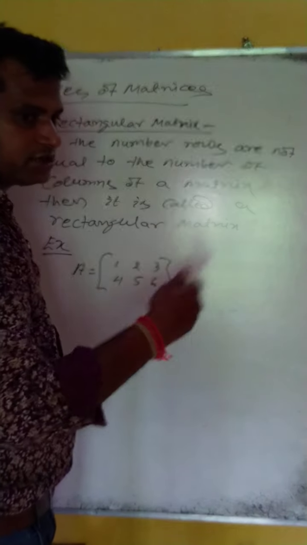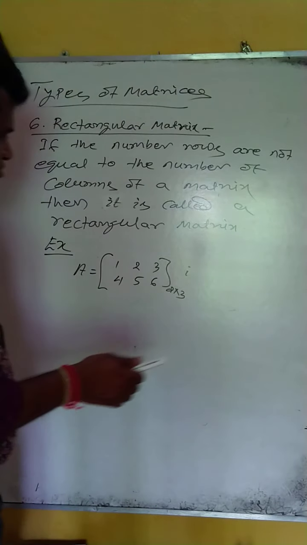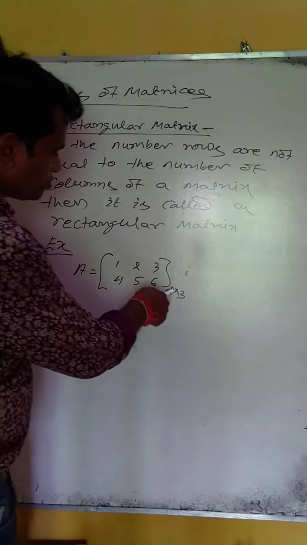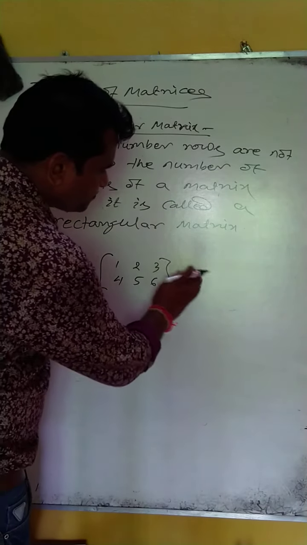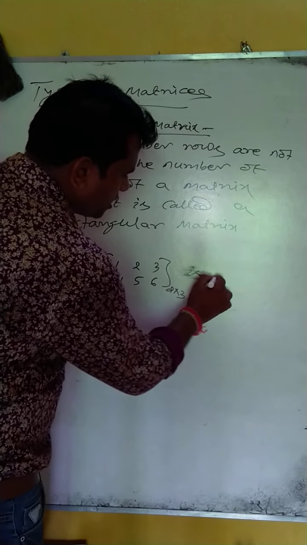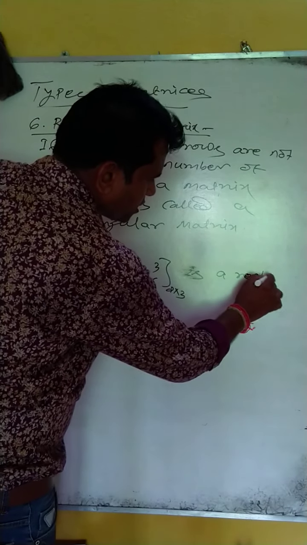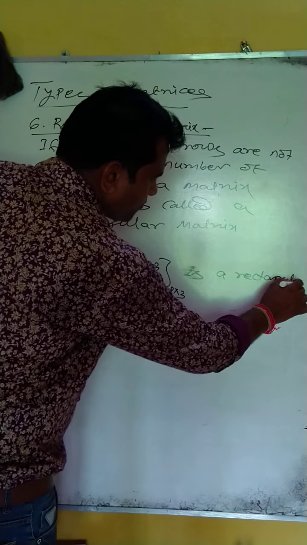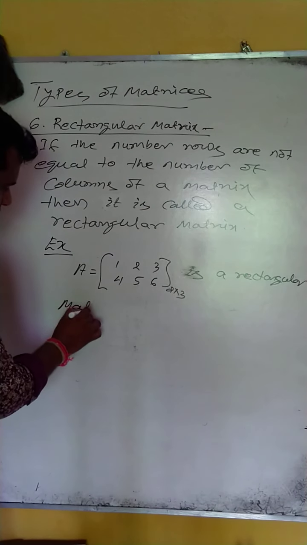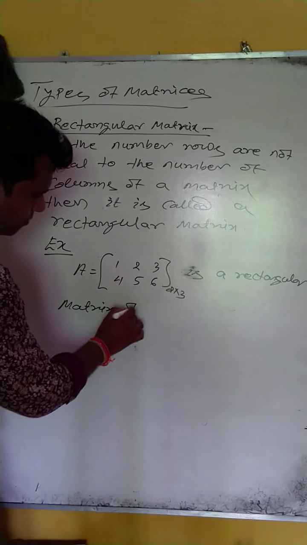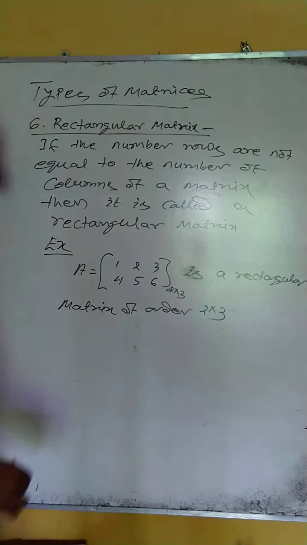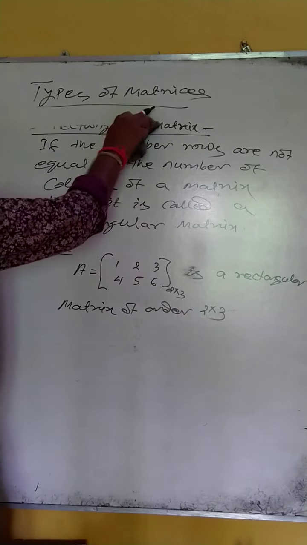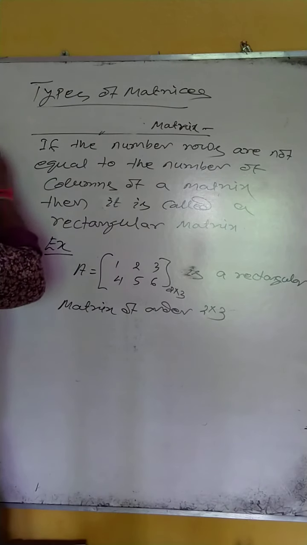If they are equal, that is called a square matrix, which we discuss next. So A of order 2 cross 3 is a rectangular matrix. Okay. Next, square matrix.